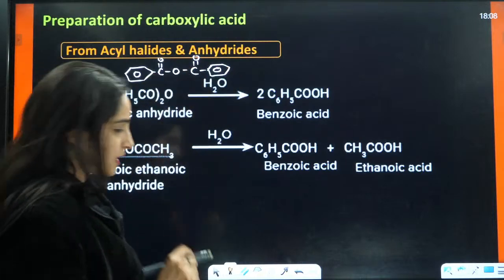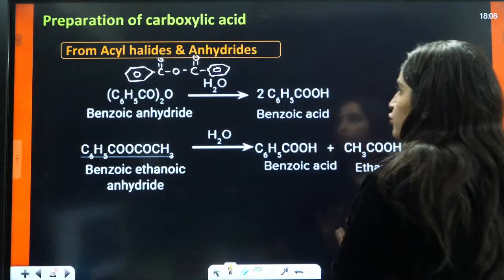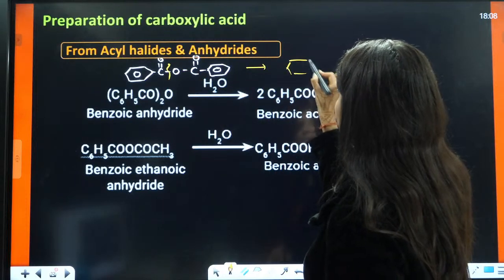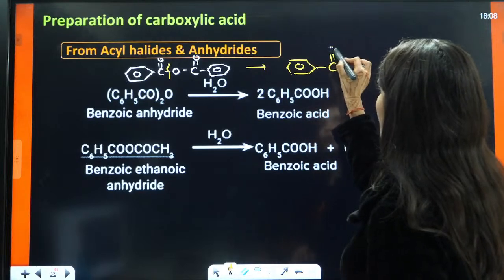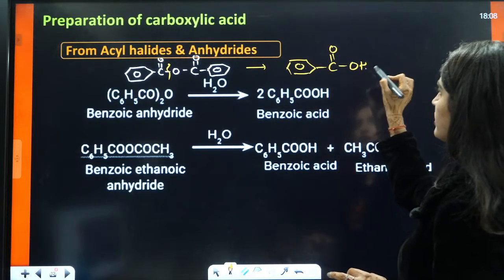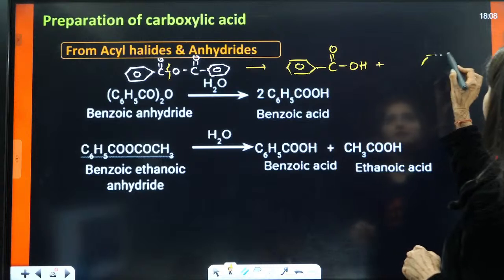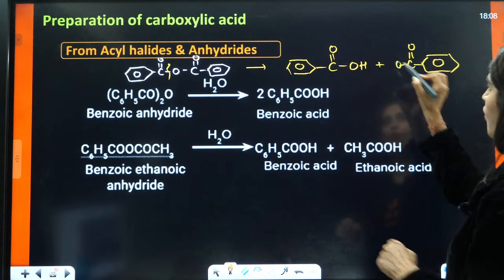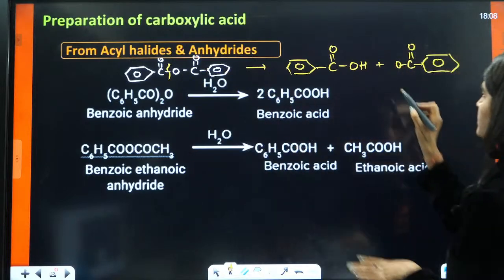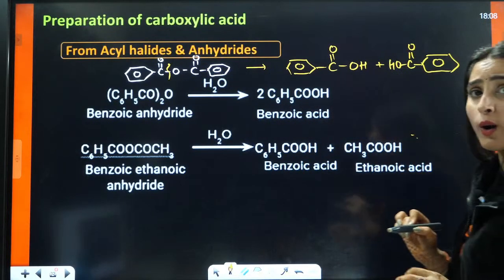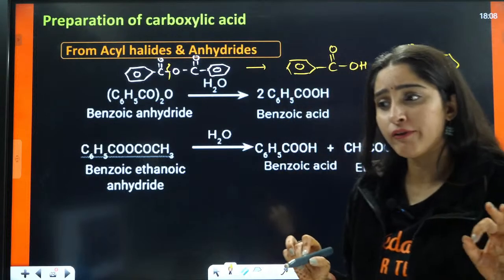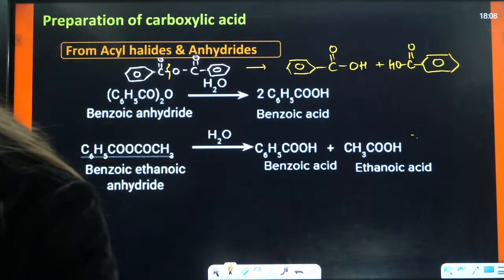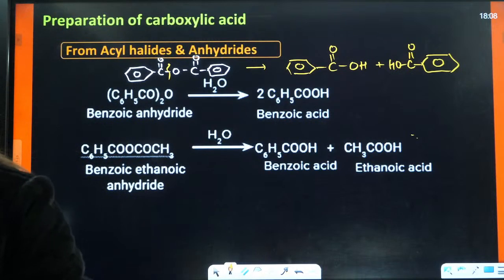When you hydrolyze this, one bond will break and you will get benzene, C double bond O, attach OH here, plus benzene, C double bond O, O, and here you attach H positive. So two benzoic acids will be formed in this case.